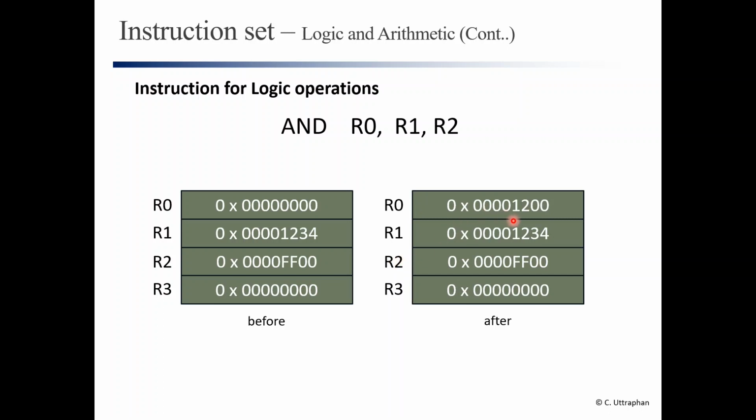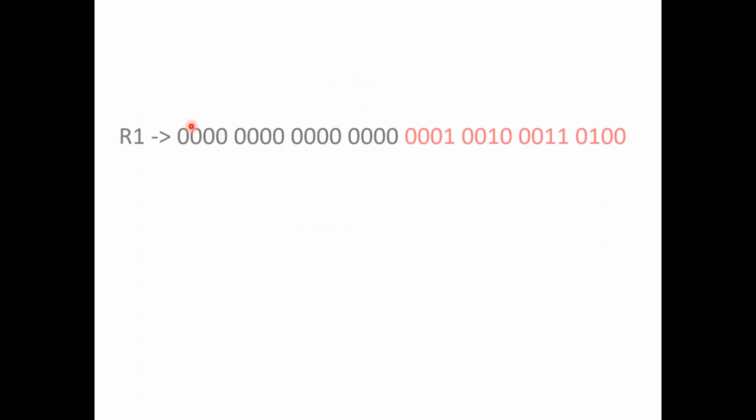After the microprocessor executes the instruction, the content of R0 will be hex 1200, according to the AND logic operation. This is how we get hex 1200 in R0.